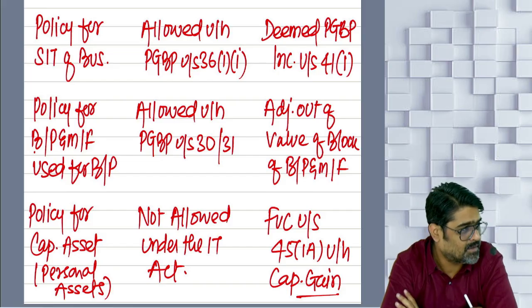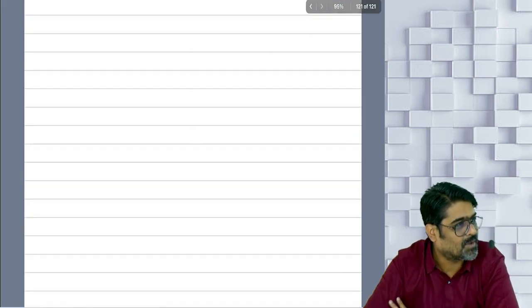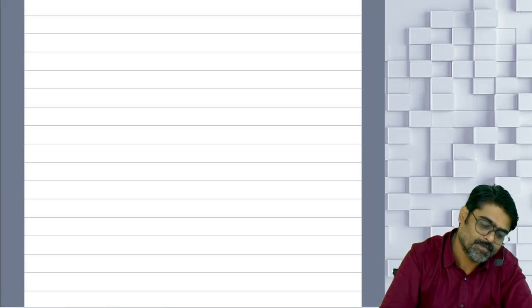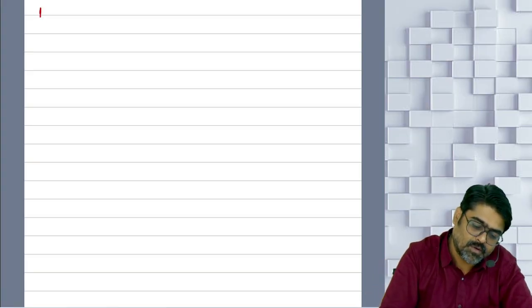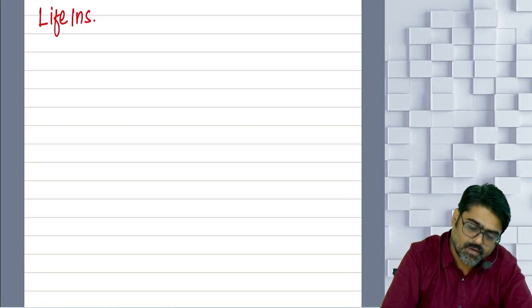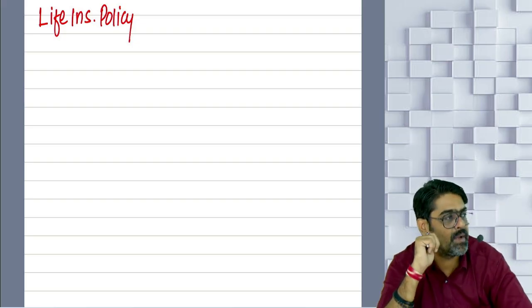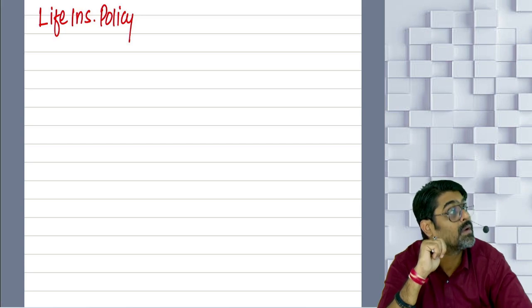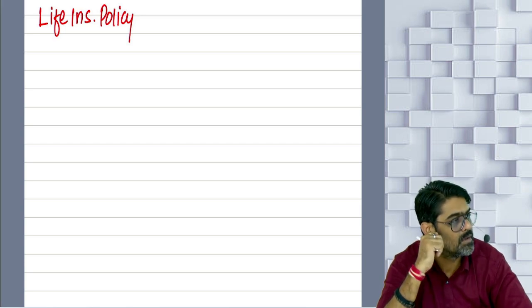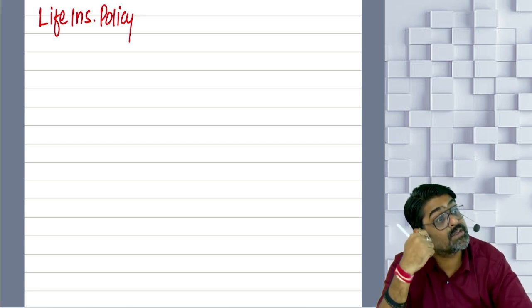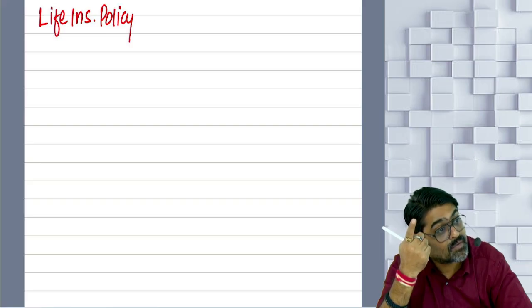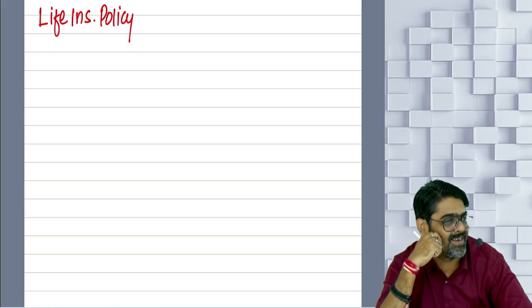Now last thing, life insurance policy. Which policy? So policy is life insurance policy. What will be the premium? Can you pay the premium on life insurance policy? Is it your expense? But it will be allowed as a deduction under 80C from your GTI.